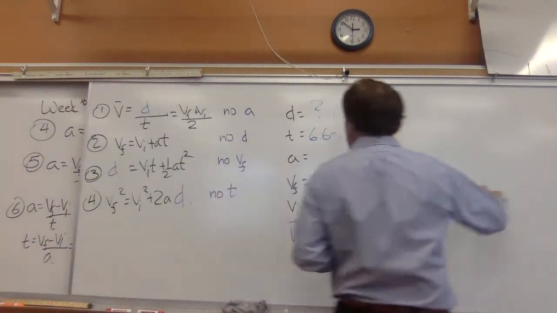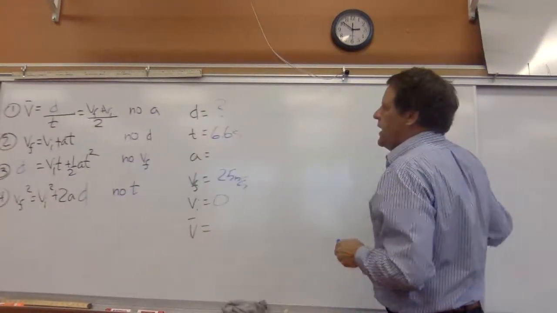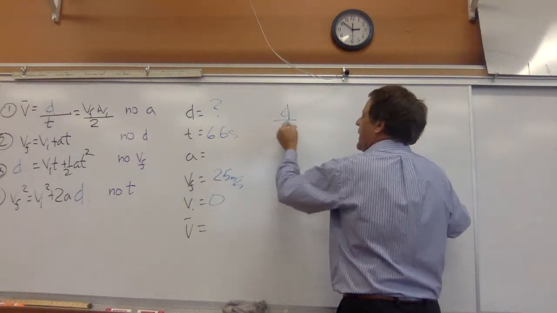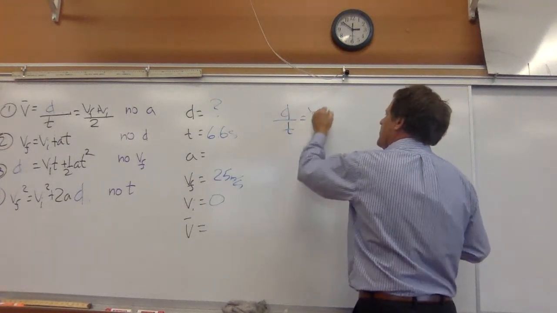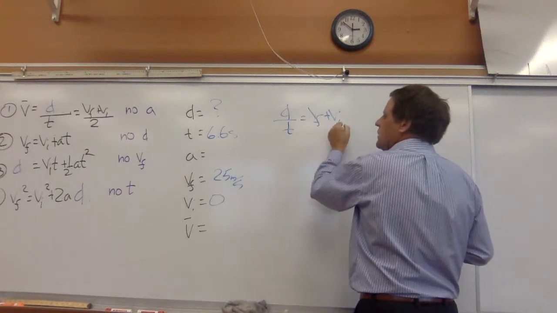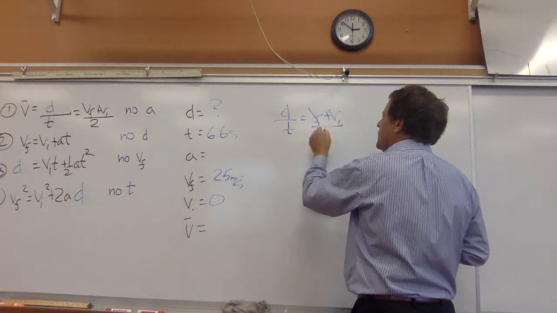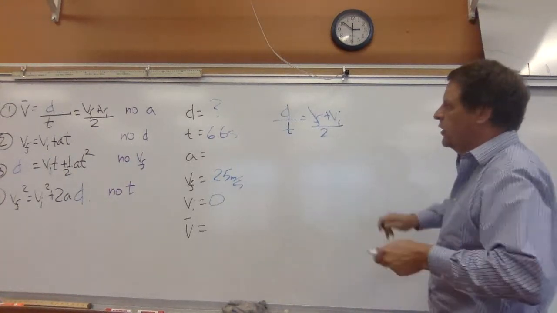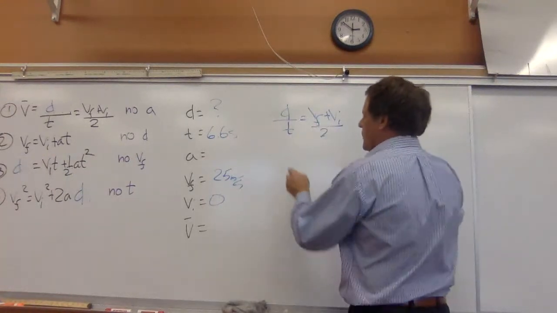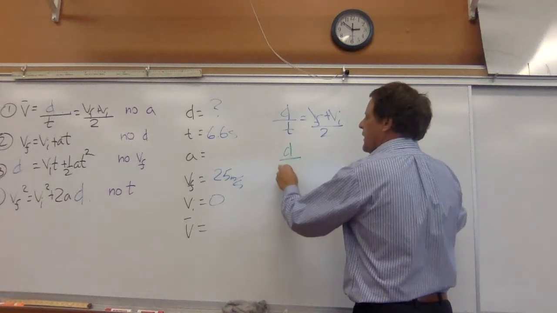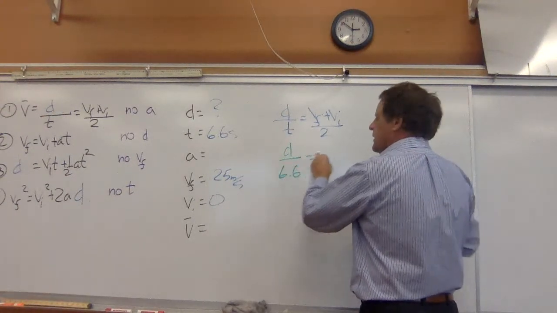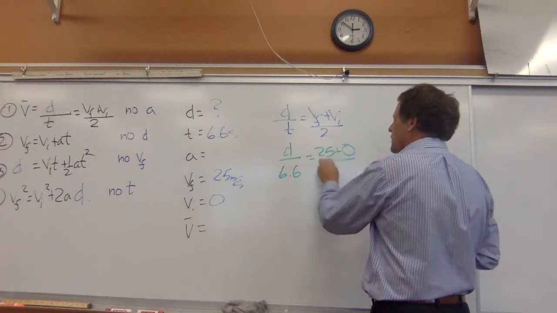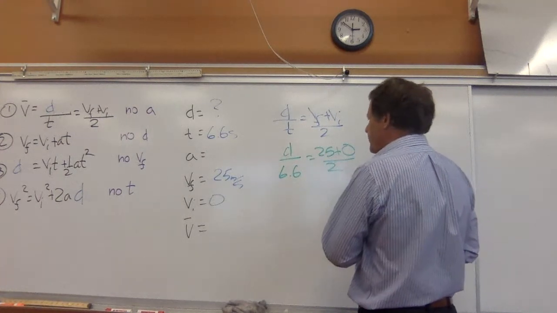All right, so we're going to move over here, and now we're going to say distance over time is equal to v final plus v initial over 2. And now we can plug in our numbers. So this is what we're looking for. We're going to have distance divided by 6.6 is equal to 25 plus 0 divided by 2.